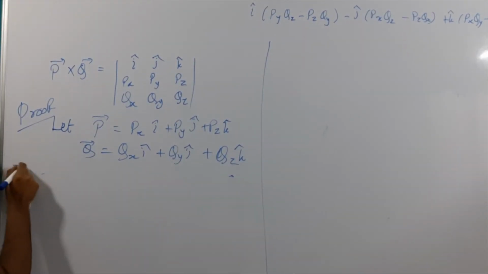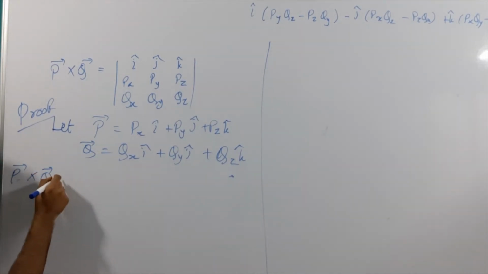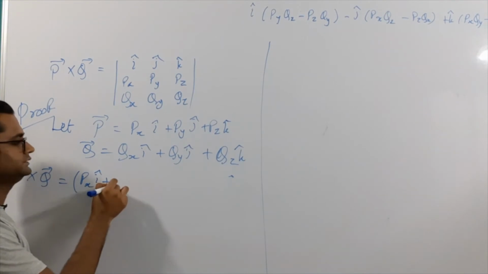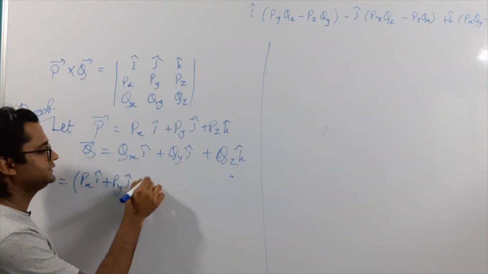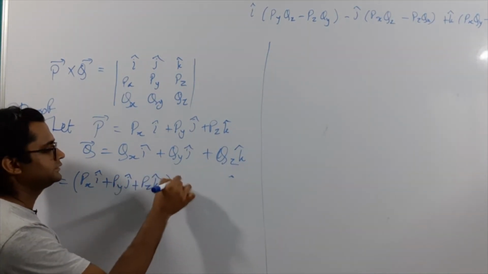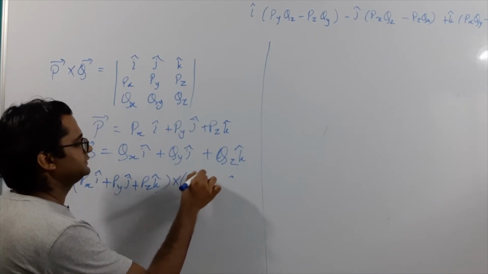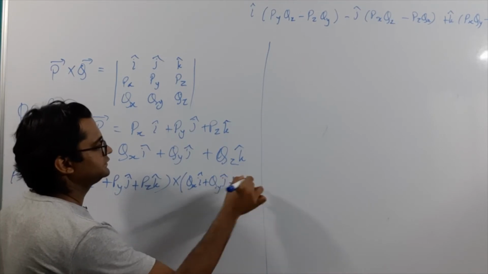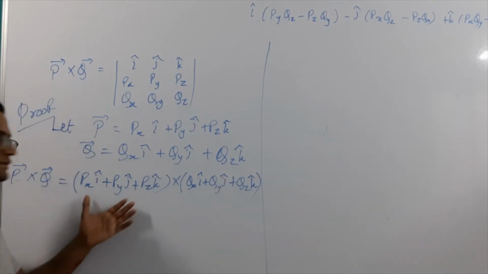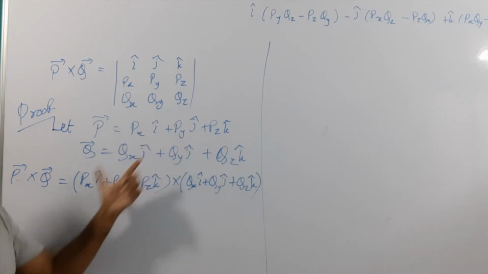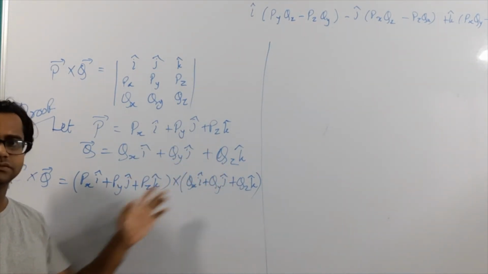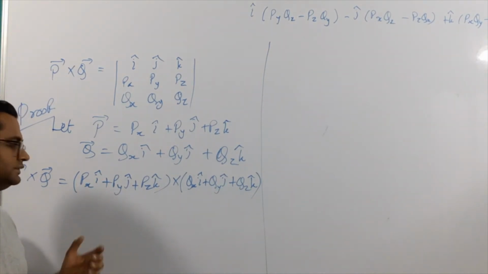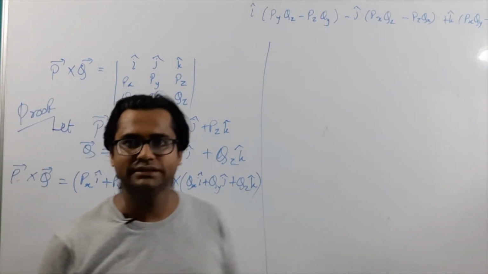P bar cross q bar can be written as px i plus py j plus pz k cross qx i plus qy j plus qz k. See what I have written in the first step: this p vector cross this q vector. So I have only written the vectors here. There is no special step here. Now let us move forward.